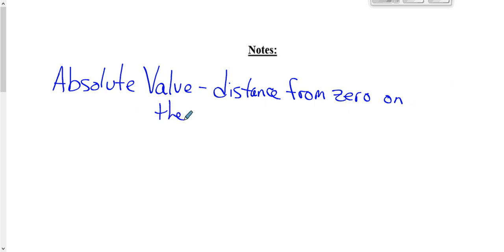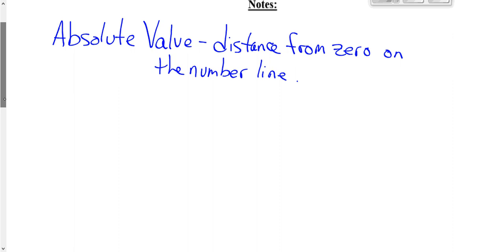But wouldn't that just be the number it is? Mm-hmm. And that goes to any distance in any direction from zero, right? Like positive or negative. And so the absolute value of any number is always positive.